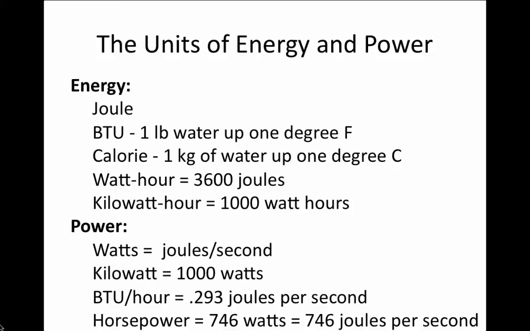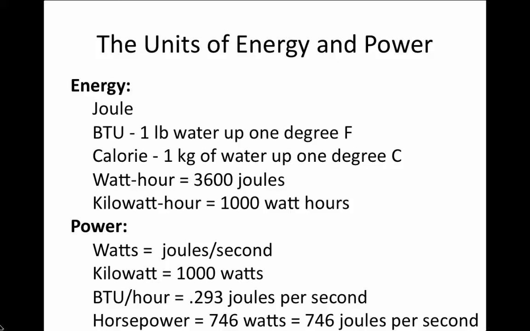Like kilogram is 1,000 grams, so kilowatt is 1,000 watts. And then BTUs per hour is a rate at which thermal energy might be flowing in a system. And horsepower, we use that when we're talking about things like motors and engines, like your car engine or an electric motor. We talk about it in terms of horsepower, and that's just 746 watts.